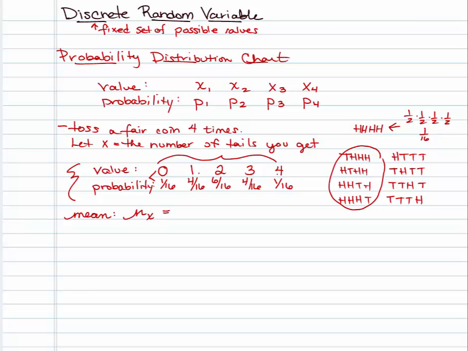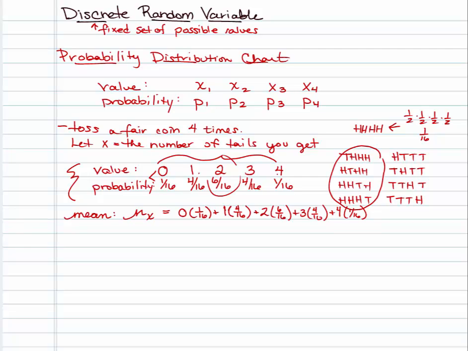So technically we would want to do 0 times 1/16 plus 1 times 4/16 plus 2 times 6/16. We want to multiply each value by its probability so that it's distributed and the weight is given, just in case we have something that's skewed, where we would want something more represented. For this one, we want 2 most represented because it has the majority of the probability of being selected.